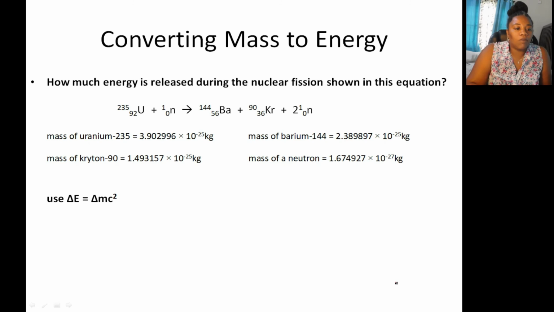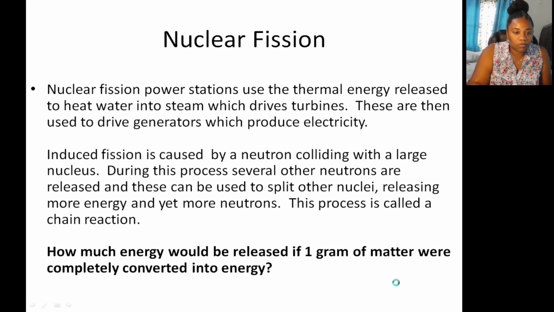So here it asks, how much energy is released during the nuclear fission shown in this equation? And it says here, use delta E equals delta m c squared. Right? So we have to deal with it. I can't believe I actually put this question here.